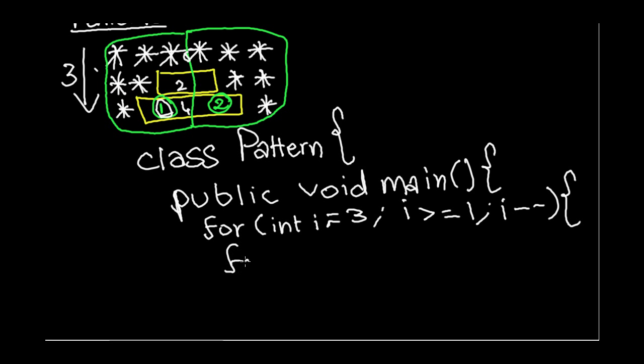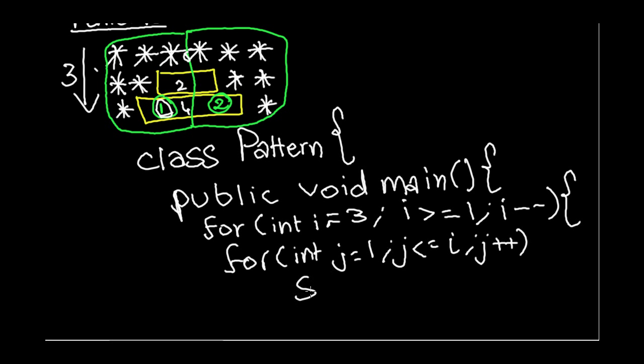So let's say we have our second loop for int j equal to 1, j less than or equal to I, j plus plus, system.out.print, and a star here. Okay, so I hope this is pretty simple, this part of the pattern at least.